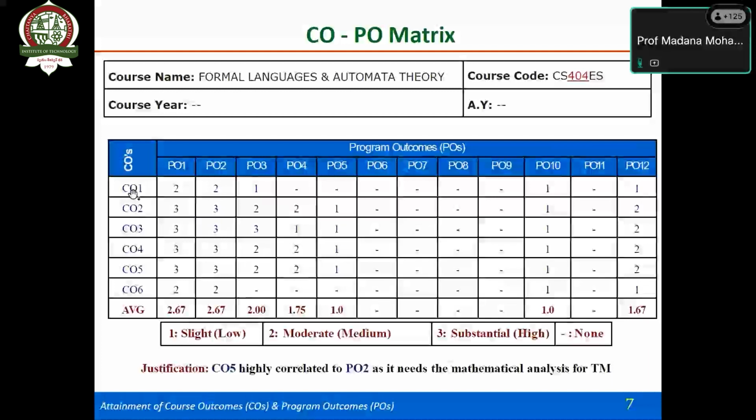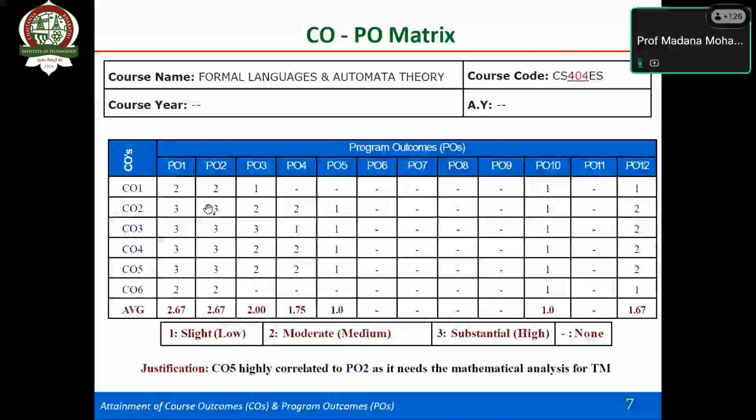If a particular CO is mapping to a particular PO with a high level, also called substantial, we can put its level as 3. If the mapping level is medium or moderate, we can put level as 2. If the mapping is low or slight, you can put the level as 1.